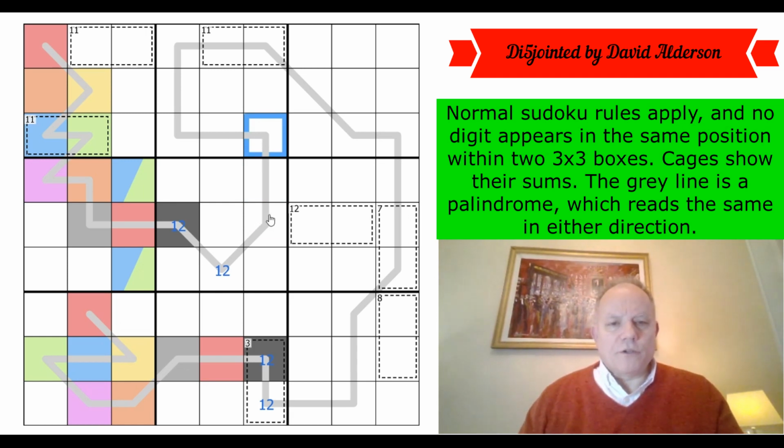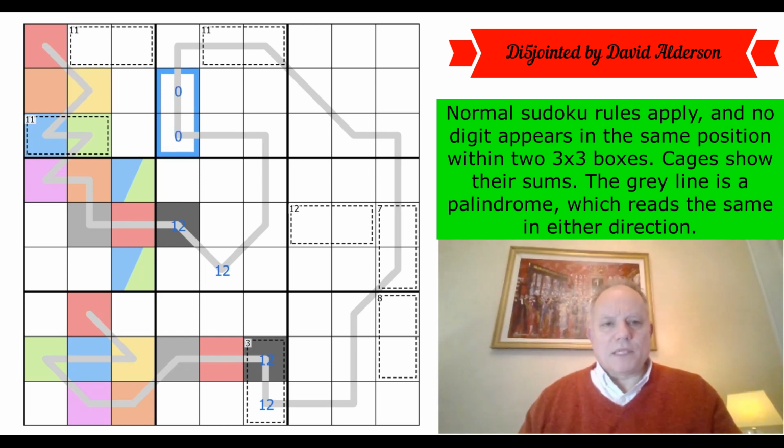No, after the 1, 2. 1, 2, 3, 4, 4. These two add up to 7. How the heck do I mark that so I remember that that's the 7 cage? I'll tell you what I'm going to do, I'm going to put zeros in there just to remind myself that those cells are important. They are that 7 cage mirrored on the palindrome.